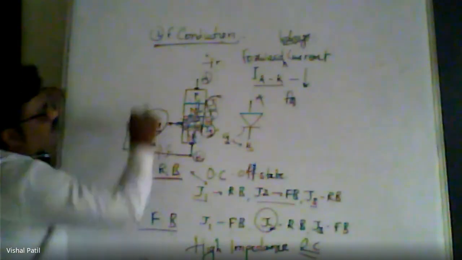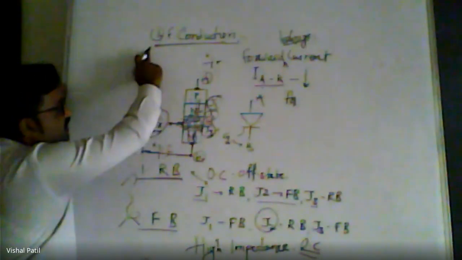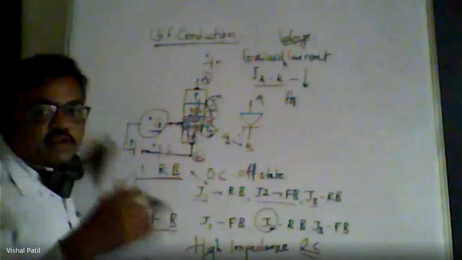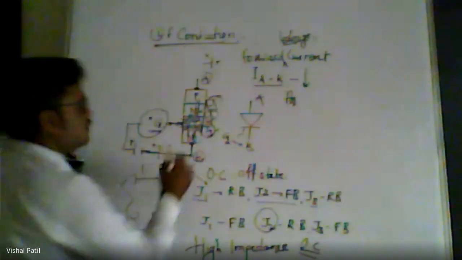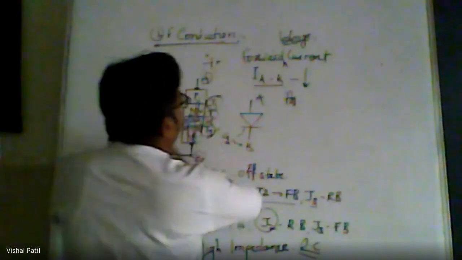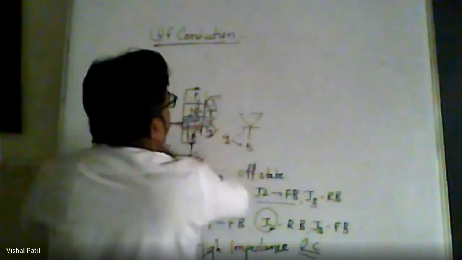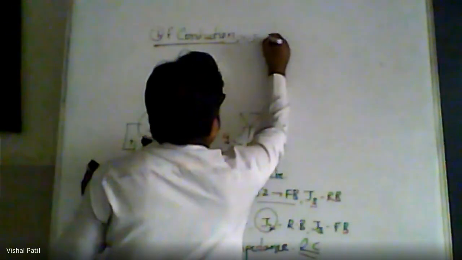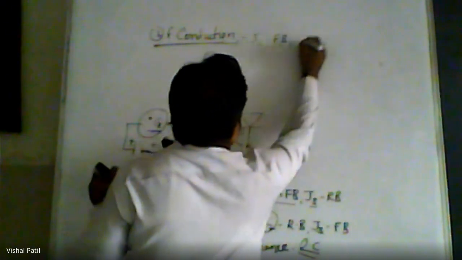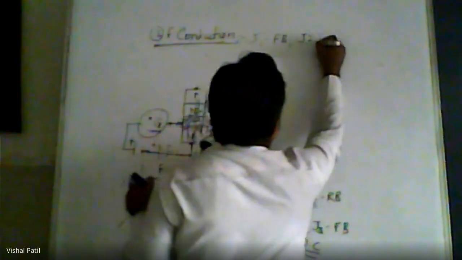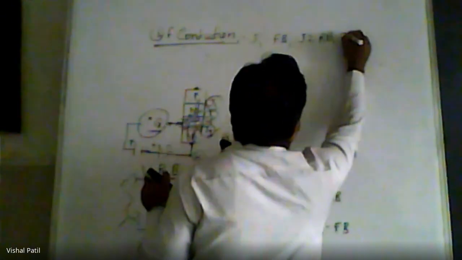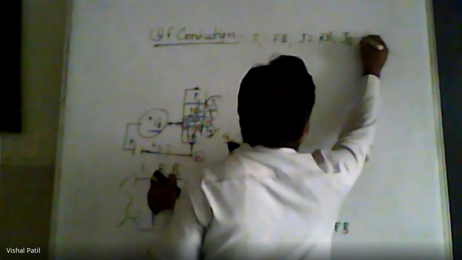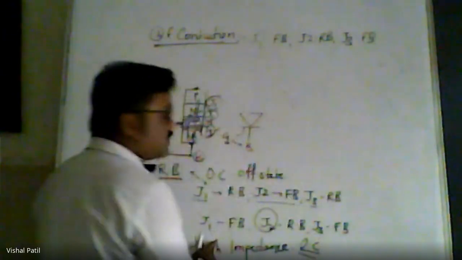When we connect the thyristor in the third mode, it is already in the forward bias: junction J1 is in the forward bias, junction J2 earlier was reverse biased, and junction J3 is in the forward bias. It is very much similar to the second mode.